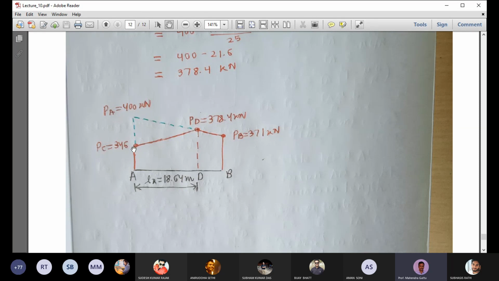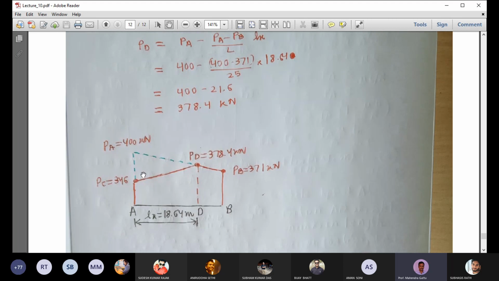So 400 minus 54 is 346, and from PC to PD there is an increase in pre-stress because of the backward friction, and it will reach point D at 378 at a distance of 18.64 meters. From there onwards, the same force that was existing will continue. Okay, so this is the force flow diagram for the anchorage slip.